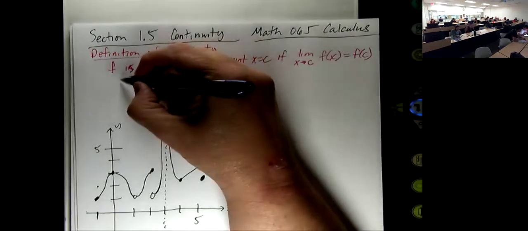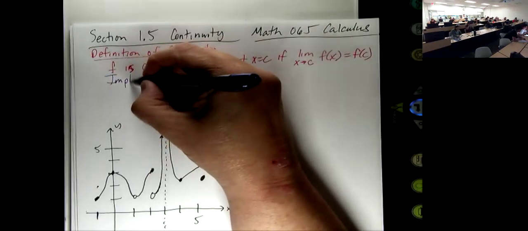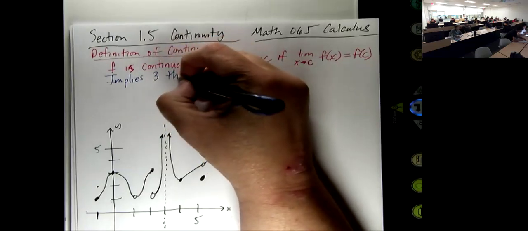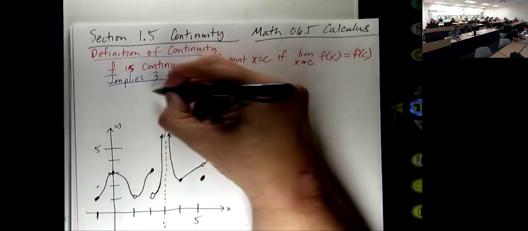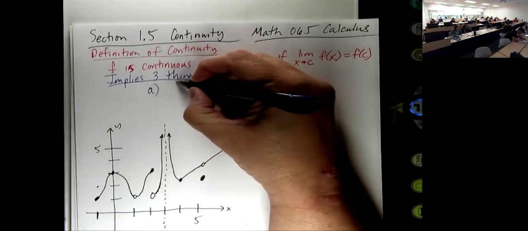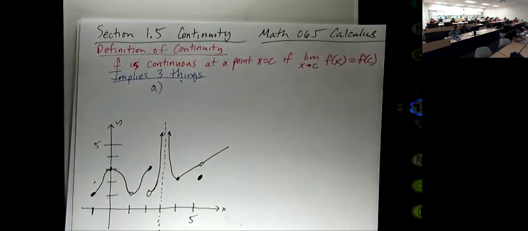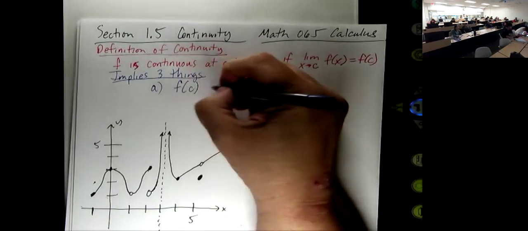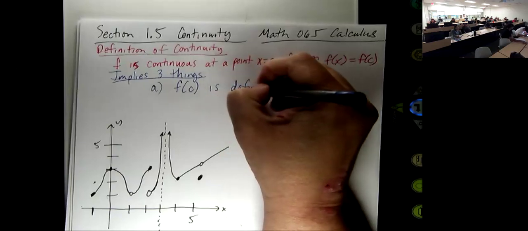What this implies is three things. A, it shows f has no asymptote, there's even more than that. It implies f of c is defined. Like we can't have infinity.